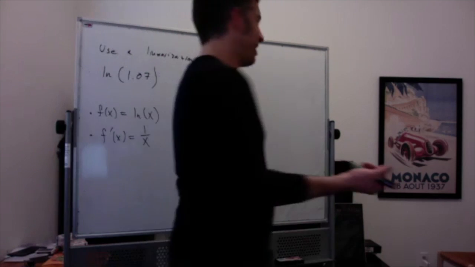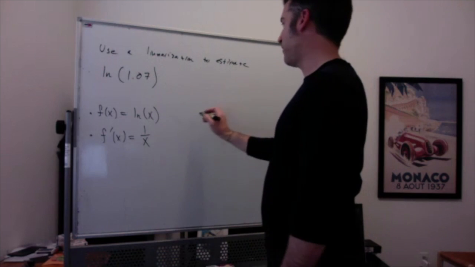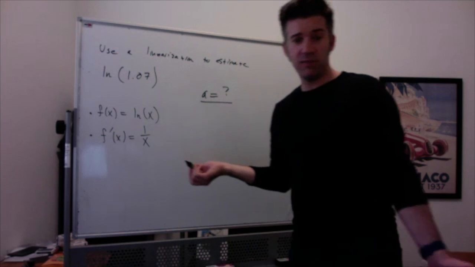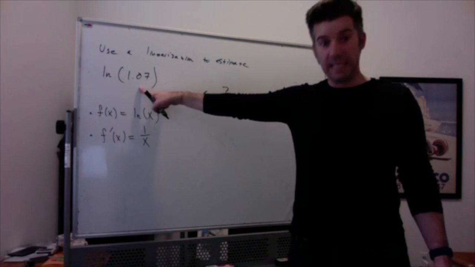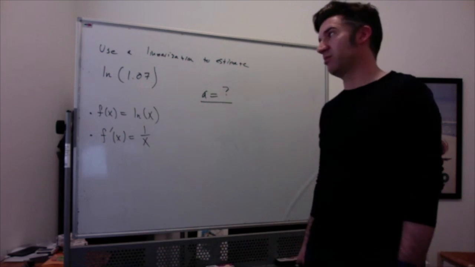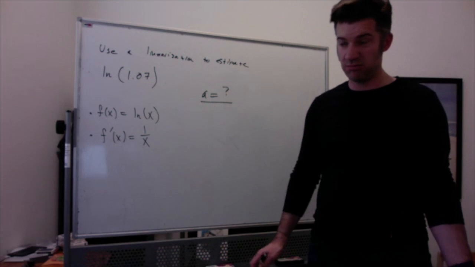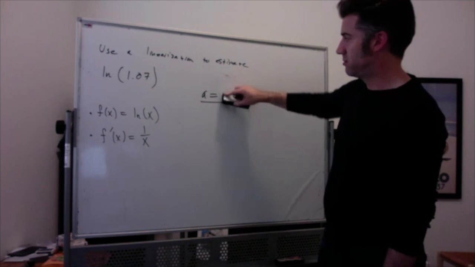Our other job, kind of the hardest part usually-ish, is identifying what's A. A should be a value that's close to what we're trying to plug in, that is easy to plug in. Okay, what's a number that's close to 1.07 that's easy to take the natural log of? 1. Right.